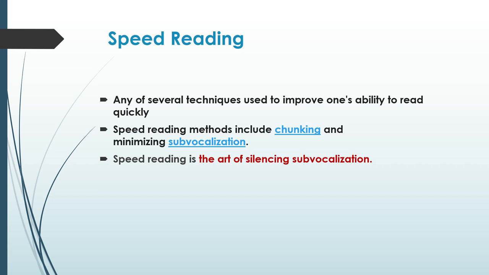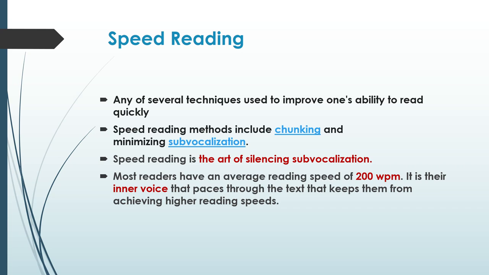So this is called subvocalization. It reduces the speed. The good readers, the fast readers, have to discourage this subvocalization, and they have to group together the words and expressions, and then reading plus comprehension becomes easier.